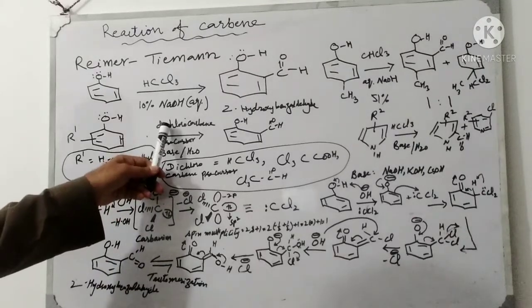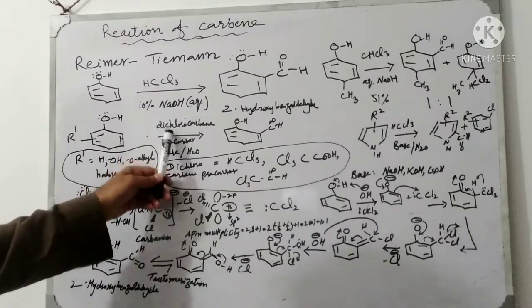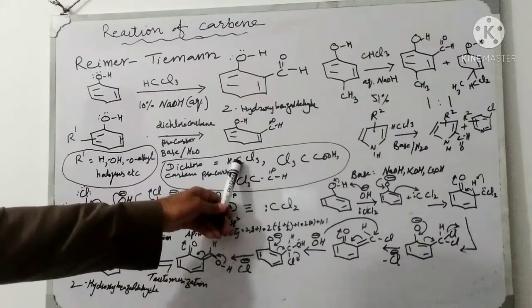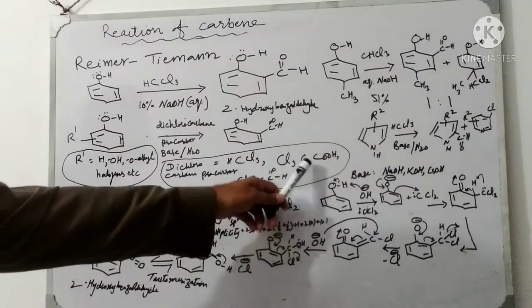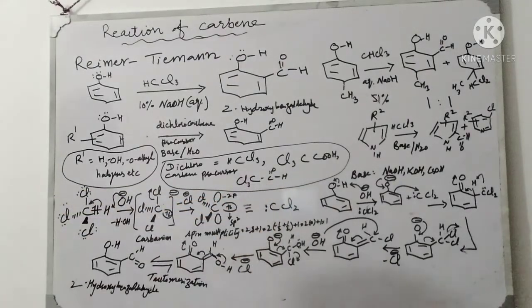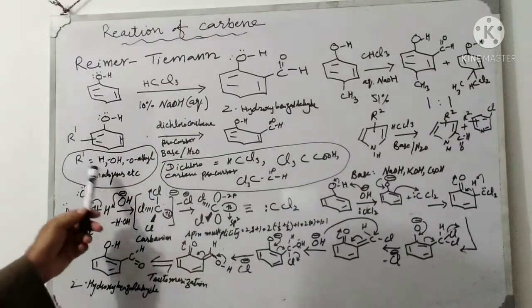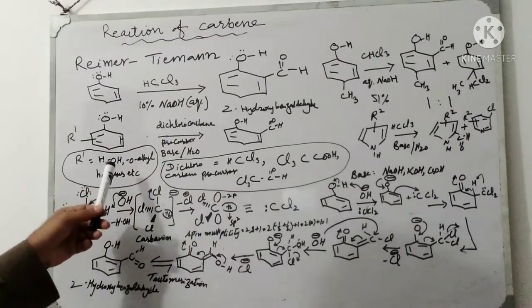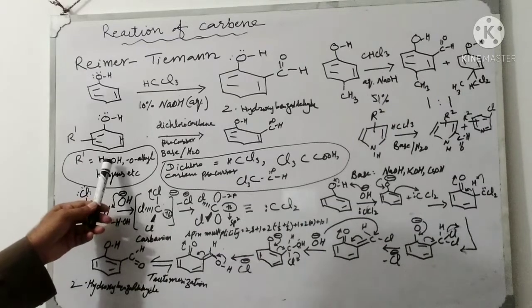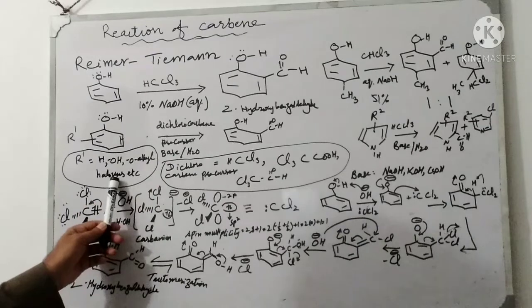The source of dichlorocarbene, the dichlorocarbene precursor, could be chloroform, trichloroacetic acid, even trichloroacetaldehyde. So these are all sources of dichlorocarbene. This R could be hydroxyl, H, even alkoxy, even halogens.